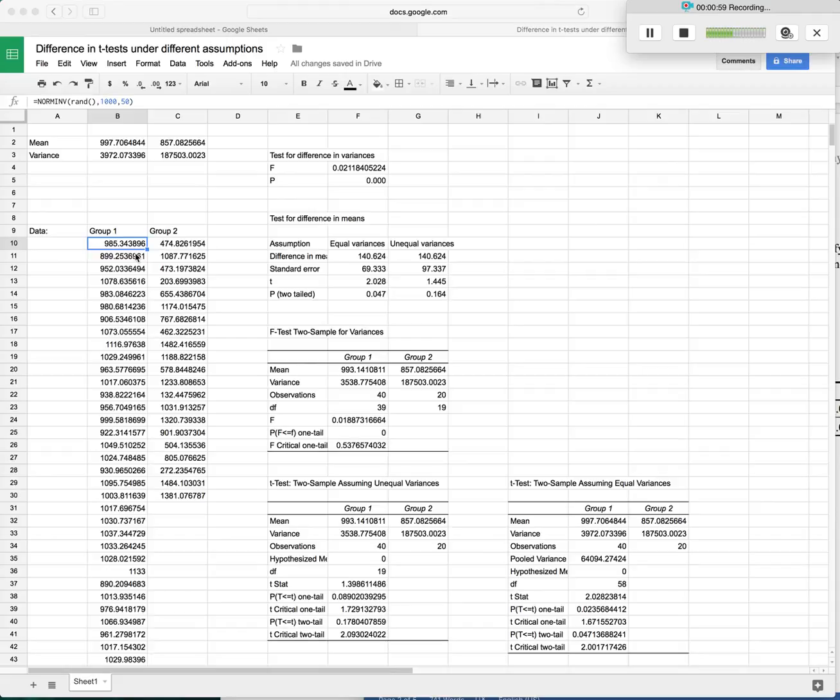For each of the two, I randomly generated values with a normal distribution with a mean of 1000 and a standard deviation of 50 for the first one, and a standard deviation of 500 for the second. Essentially, the simulated variance is 100 times bigger for the second group than for the first group.